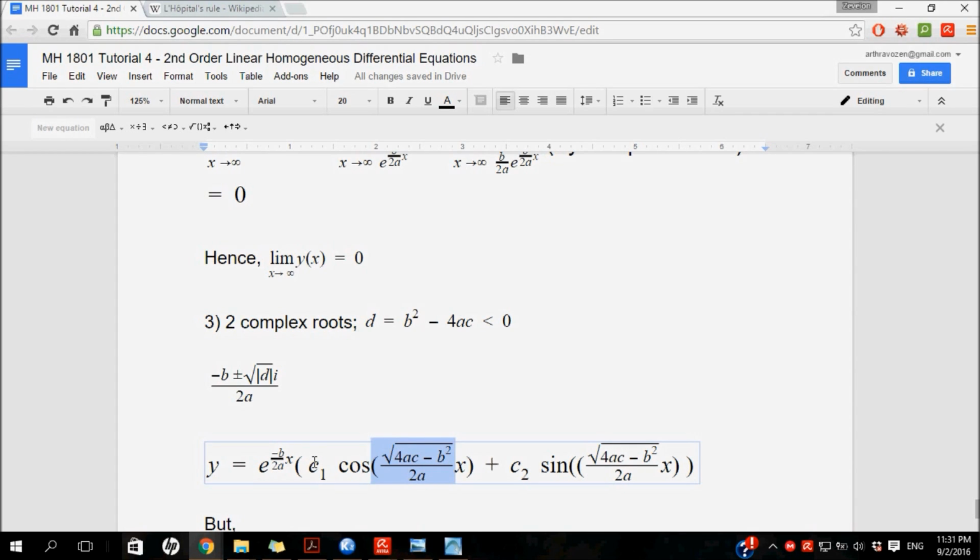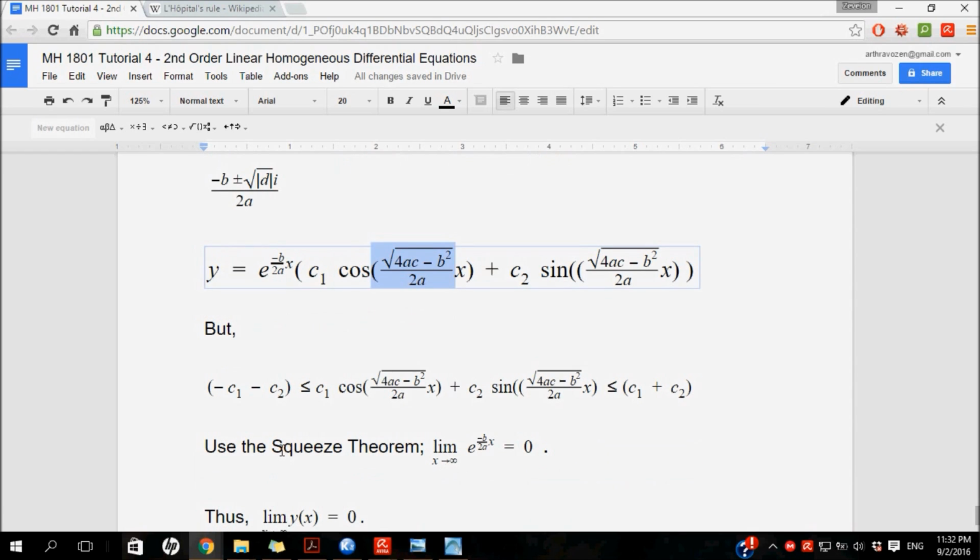What is the next step? Here, we are going to make use of the squeeze theorem for limits. We understand that cosine of x is bounded from below by minus 1 and bounded from above by 1.